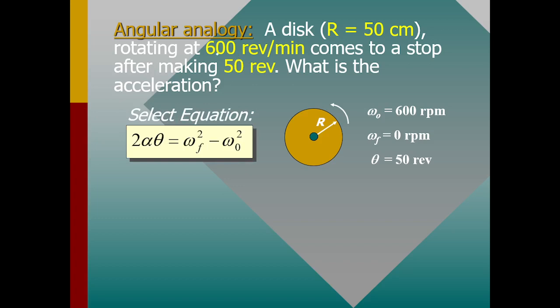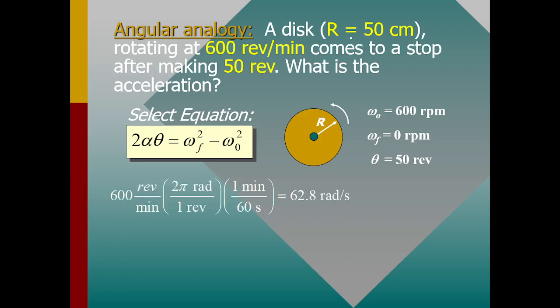Okay, so this will be our revolution. Then there we have the initial. Then there we have the s, which is the distance. So you're just going to replace; you're going to find the rad.